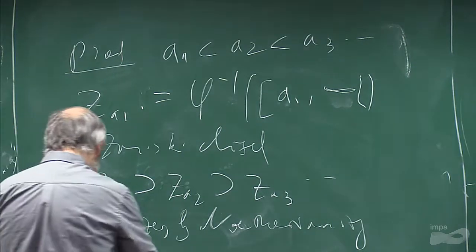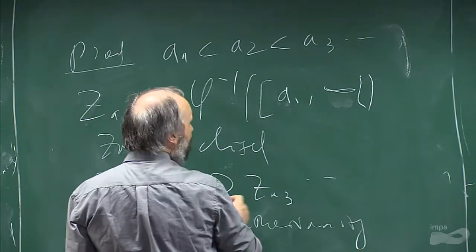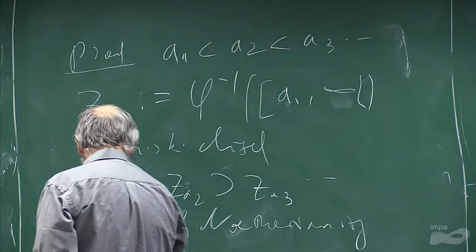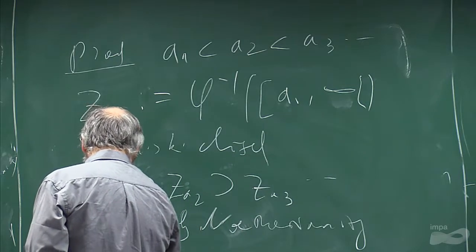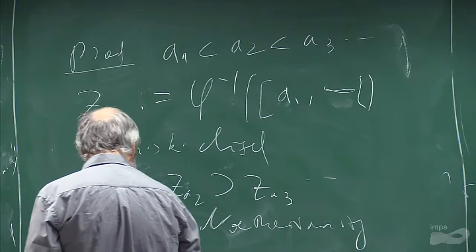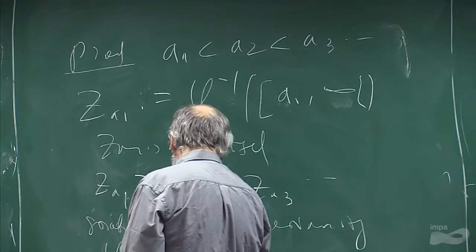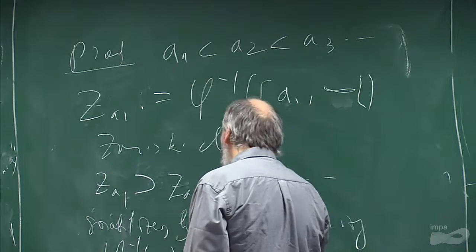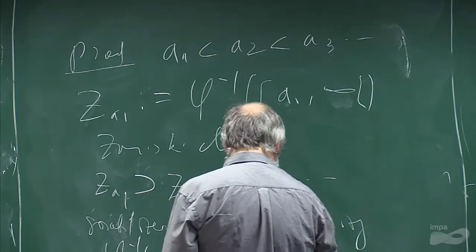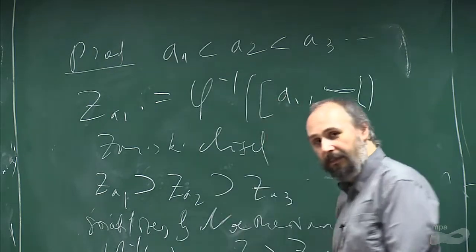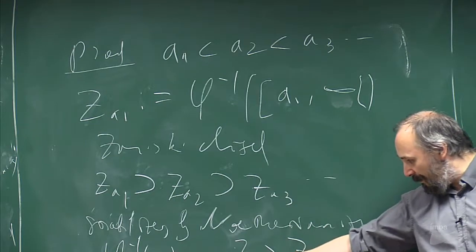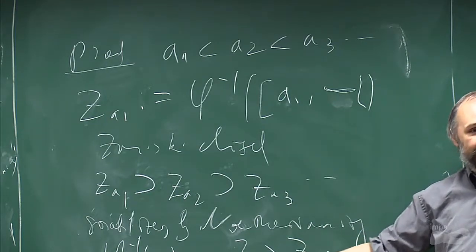Okay, and then phi, since it takes values in Z, phi minus 1 of A, for instance, is equal to Z_A without Z_{A+1}. Right? Because this makes sense only for integers.